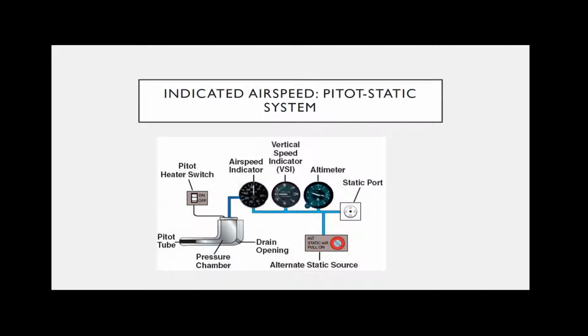The faster we go, the more air molecules ram themselves into the pitot tube, and we call that the ram pressure. We measure the difference between the pitot pressure and the static pressure at different speeds and assign a speed value in knots to that pressure difference.